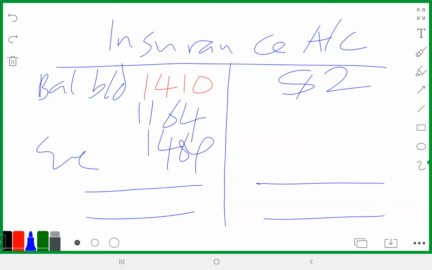We can add the debit side and see the biggest amount. $4,038.